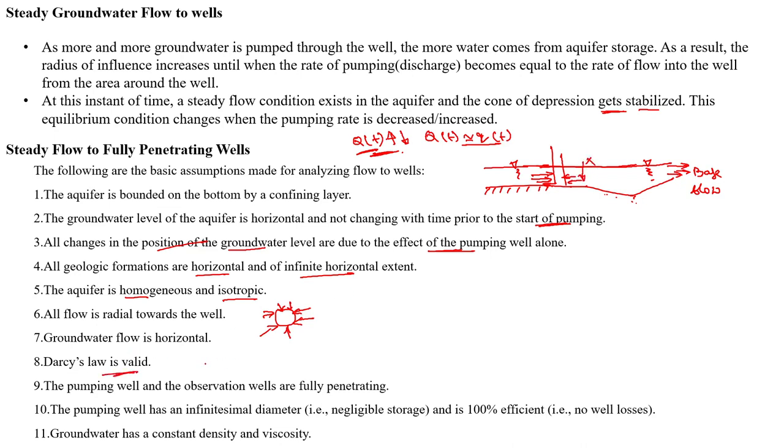So what is Darcy's law? We have seen Darcy's law: velocity is proportional to the hydraulic gradient. So the velocity of the water is proportional to the hydraulic gradient, and the proportionality constant is K, which is nothing but hydraulic conductivity.